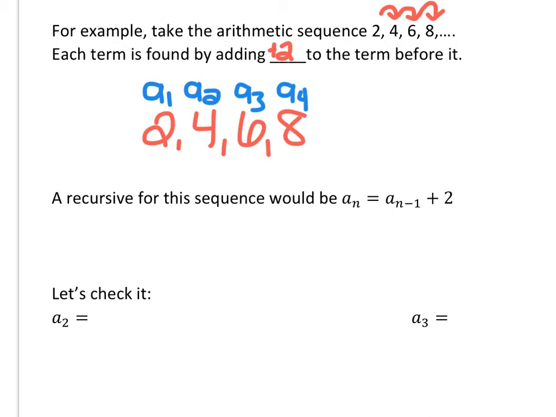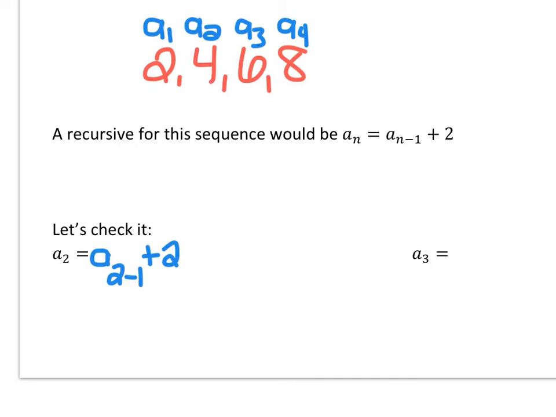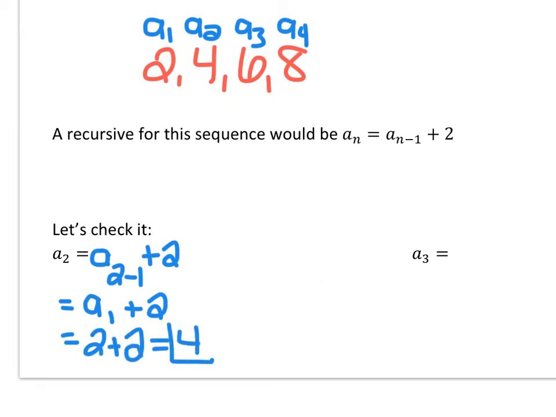So our formula will be A subscript 2 minus 1 plus 2, which gives us A1 plus 2. And what is A1? A1 is 2. So we'll have 2 plus 2, which is 4. And is A2 4? Yes.